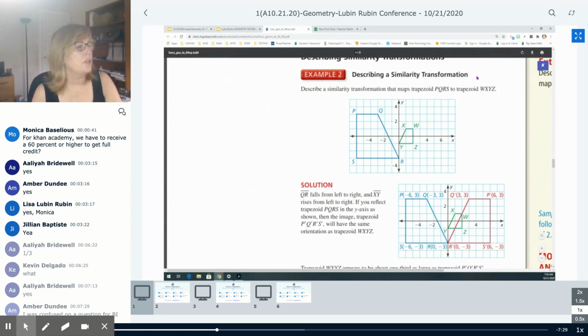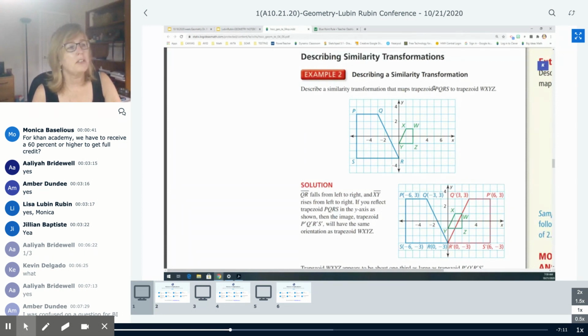So we started out with this blue quadrilateral over here, P, Q, R, S. And over here, it's mapped onto W, X, Y, Z. So remember, when we're describing a transformation, the P has to map onto the W because the P is the first one and the W is the first one in each of these quadrilateral names, okay? So we need to make sure that we map these in order.